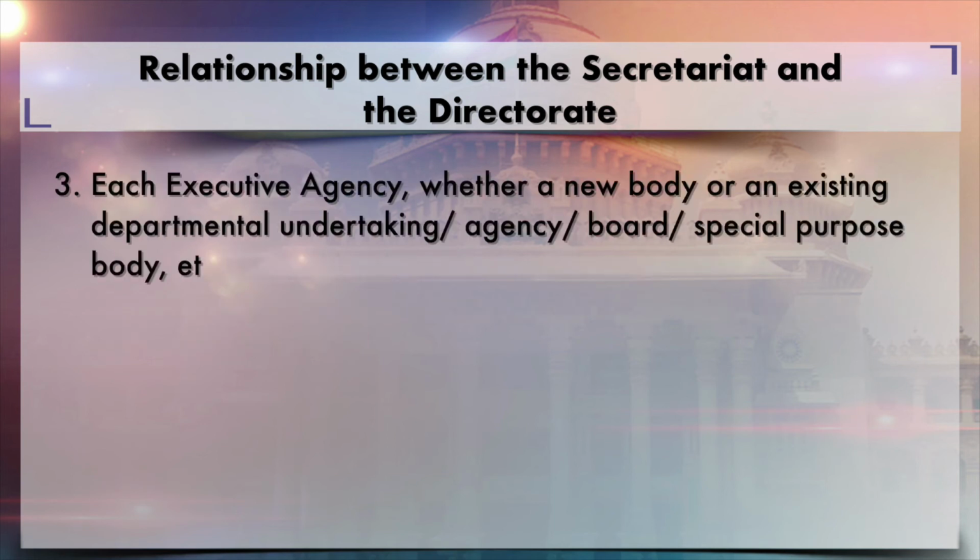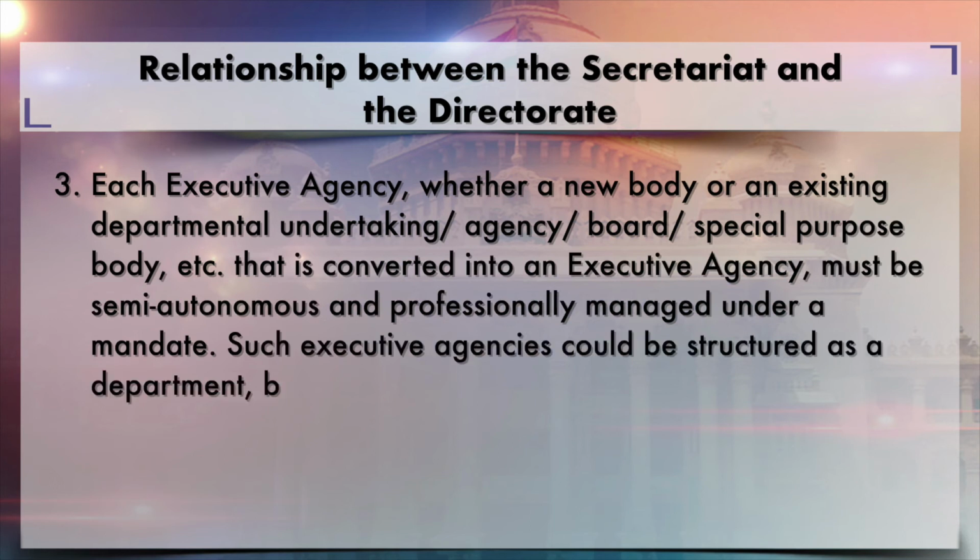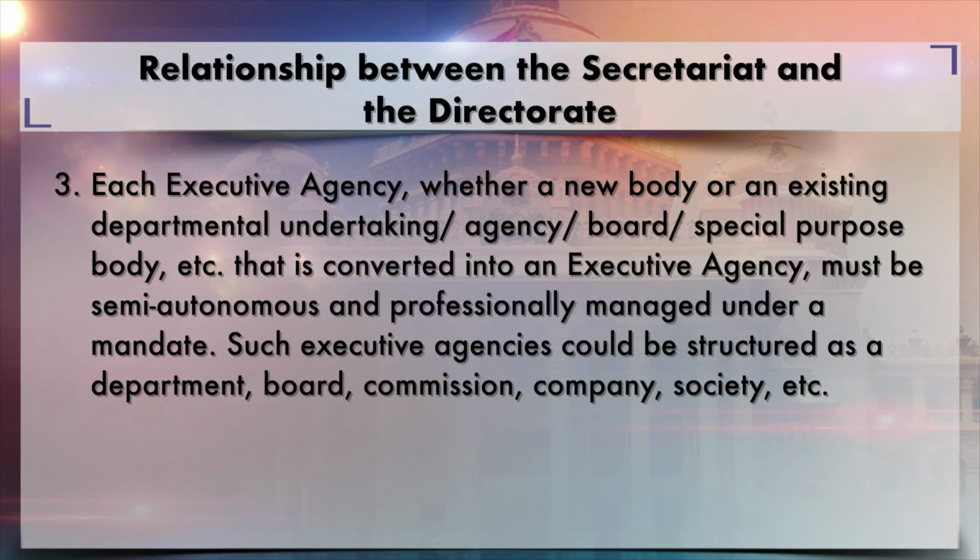Number 3, each executive agency, whether a new body or an existing departmental undertaking or agency or board or special purpose body, etc., that is converted into an executive agency must be semi-autonomous and professionally managed under a mandate.